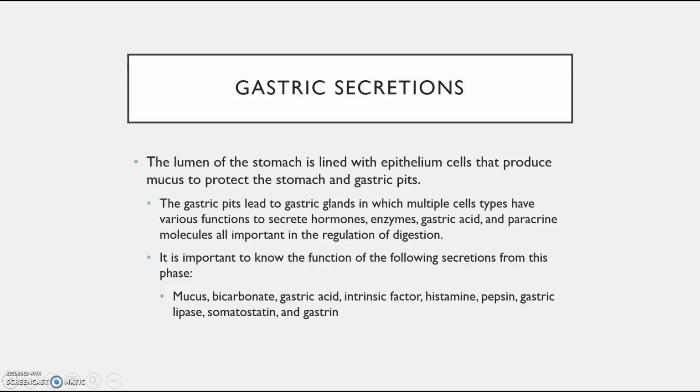So it's really important to know the function of a lot of these molecules. Some of the most important ones is the mucus, which is secreted by the surface cells. This mucus, again, serves as a barrier for the acid. The epithelial cells produce bicarbonate, which we actually used as a buffer in one of our first labs in class.